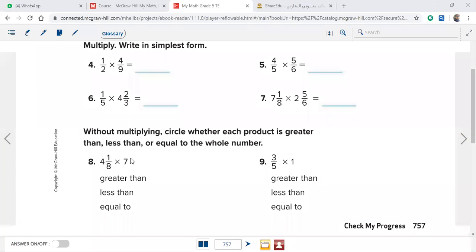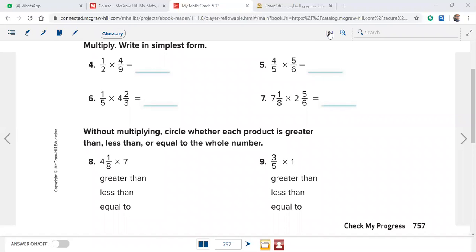So I have to round. 4 and 1 out of 8 is closer to what? Yes, it will be 4, right? So I change it to be 4 times 7.